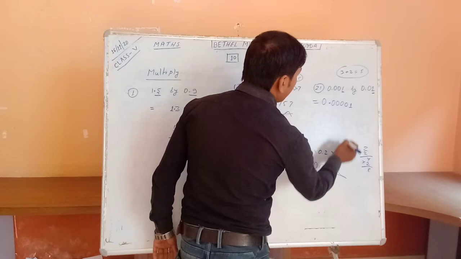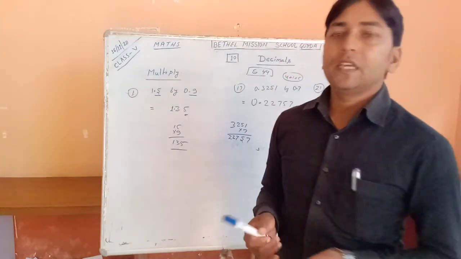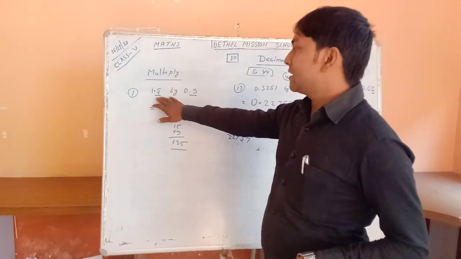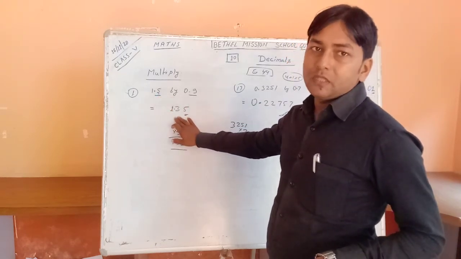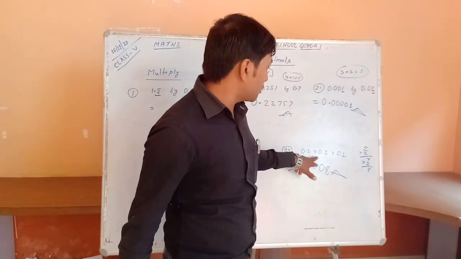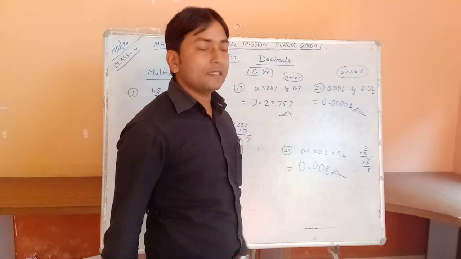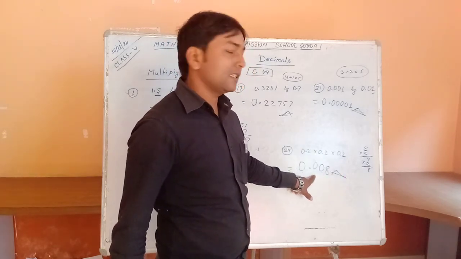This is the answer. Okay. So here you have to count the decimal places and add, and at last you can put the decimal. Here same, and here also 1, 2, 3 decimal places. So 2 into 2, 4, 4 to 8, and put the 3 decimal places.